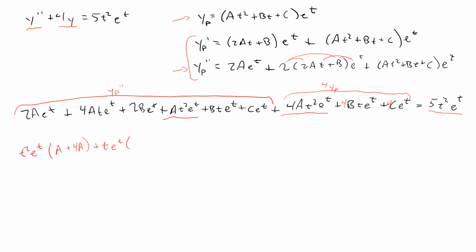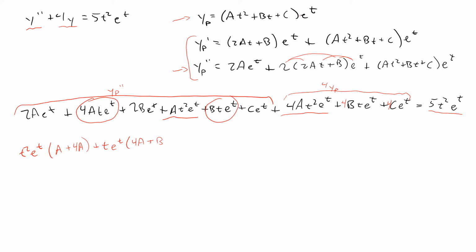So t e to the t, scanning through this line, the first place I see that is here. So that has a 4a attached to it. Okay, so that one's taken care of. Let's see, where else do I see it? I see it here. That has a b attached to it.